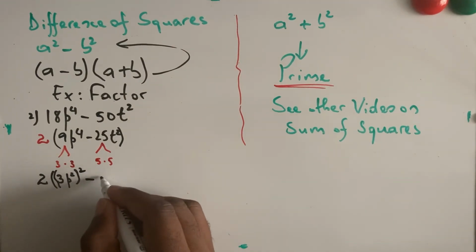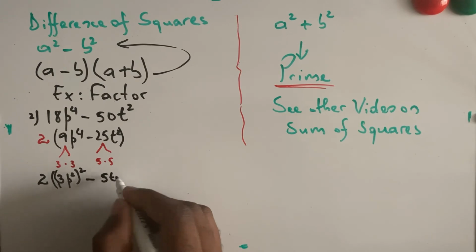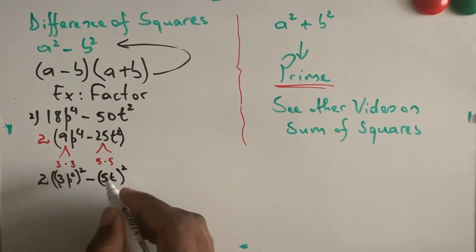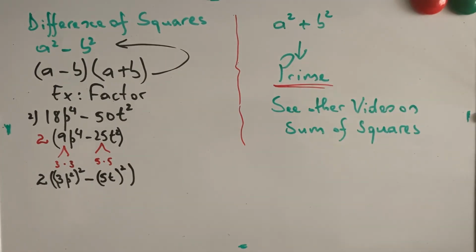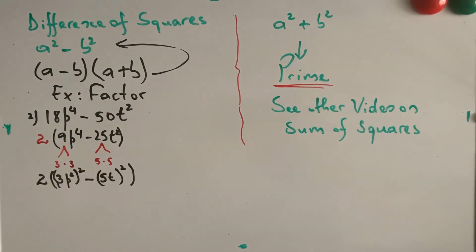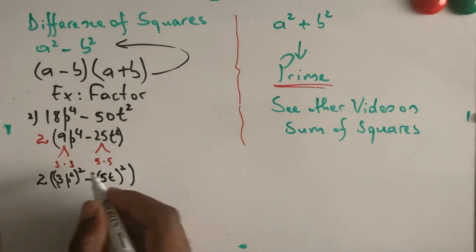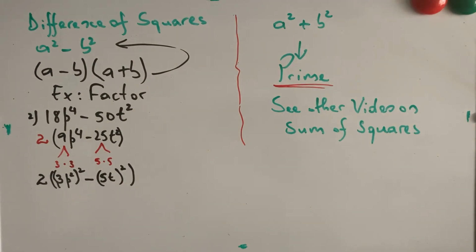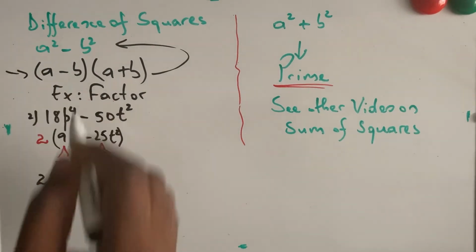Minus 5t raised to the 2nd, right? Should make sense to you, right? Again, 3p to the 2nd raised to the power of 2, because 2 times 2 is 4. I just needed to see if it's divisible by 2, okay? But I need to raise both to the power of 2, so I can use my formula here, right?